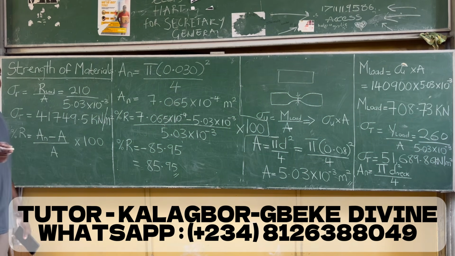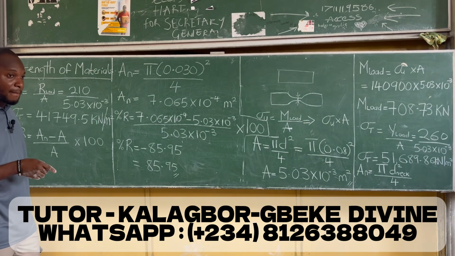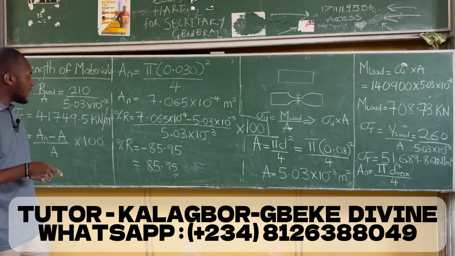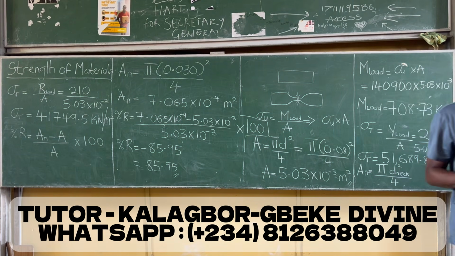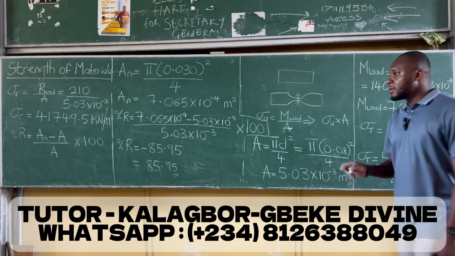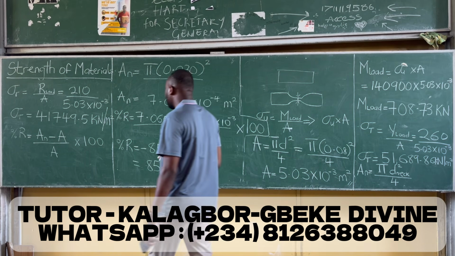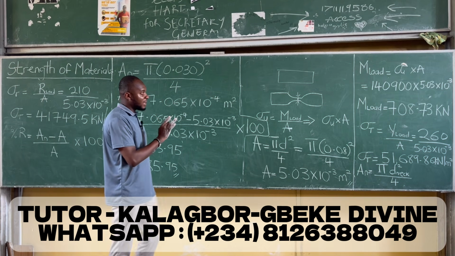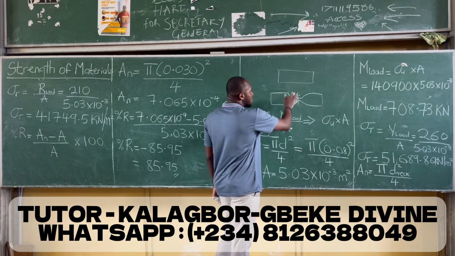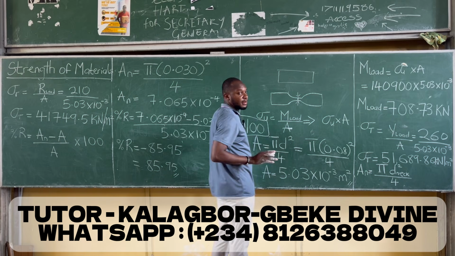Why do we not use diameter of circular bar? Okay. Now, if we watch the question, the first 3 things they told us to find was based on this bar.